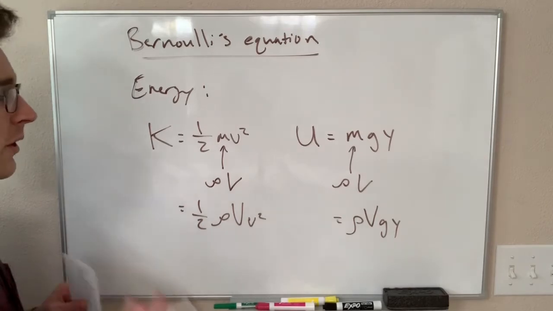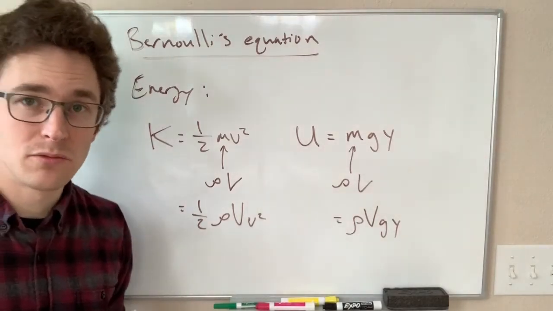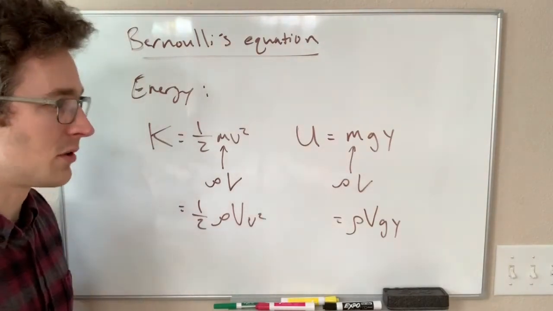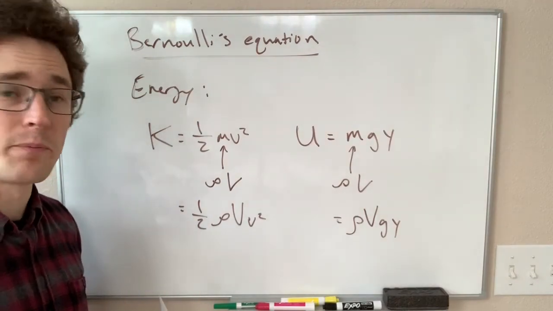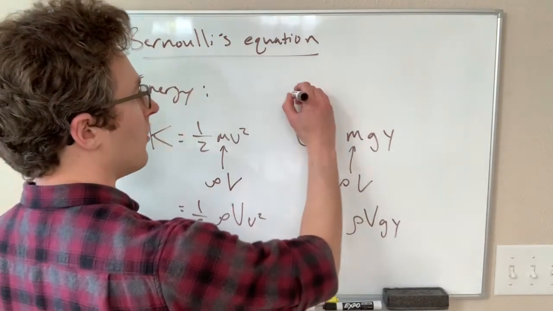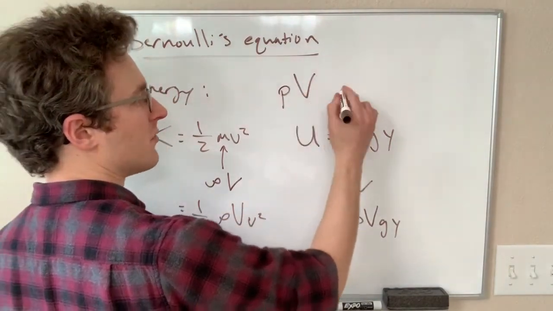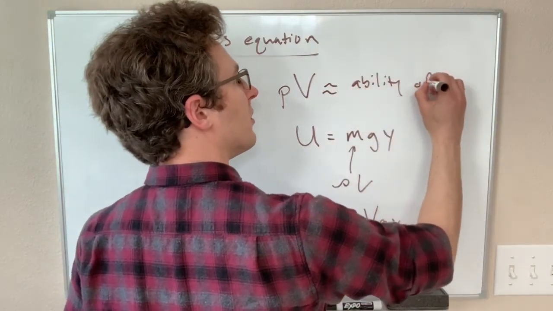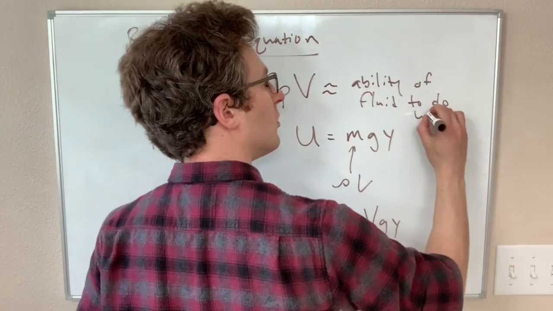Now, doing work on fluids is exerting a force on those fluids, and we've already seen that fluids feel and exert forces via pressure. I am just going to assert that P times volume, so the pressure times the volume, is like the ability of our fluid to do work.